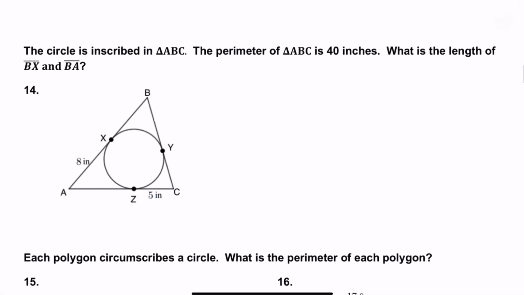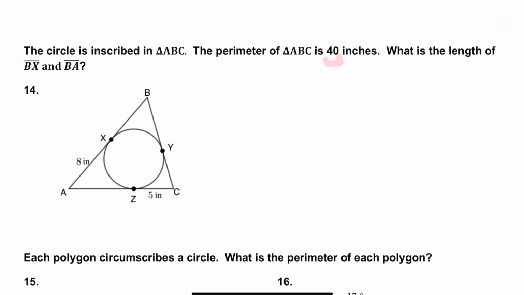Now we have a whole bunch of tangent lines where it only intersects the circle in one spot. The circle is inscribed in ABC. The perimeter of ABC is 40 inches, so if I add up all of these numbers, they would equal 40.